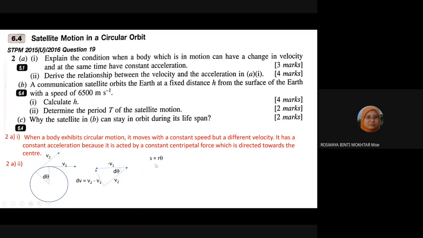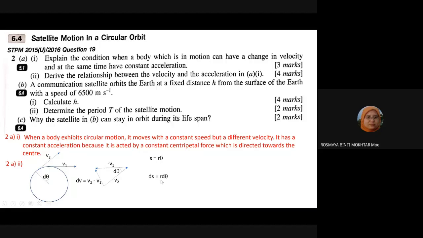Then from the maths equation s equals r theta, for this one, the arc of the circle here is ds. It's a small change of arc, so we use ds. So ds equals r, the radius of the circular motion, times theta. The theta is a small angle, so we use d theta. So d theta means small angle.